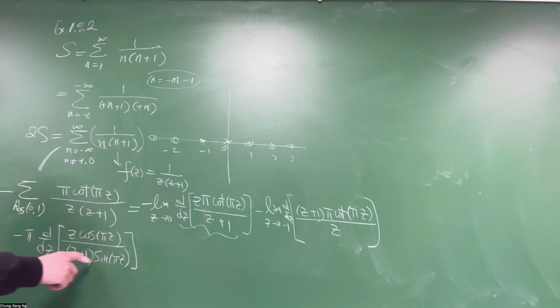The second order poles become much more complicated because we need to take the derivative. So all the points that are singular are where sine pi z is 0, when the sine term is 0, right?